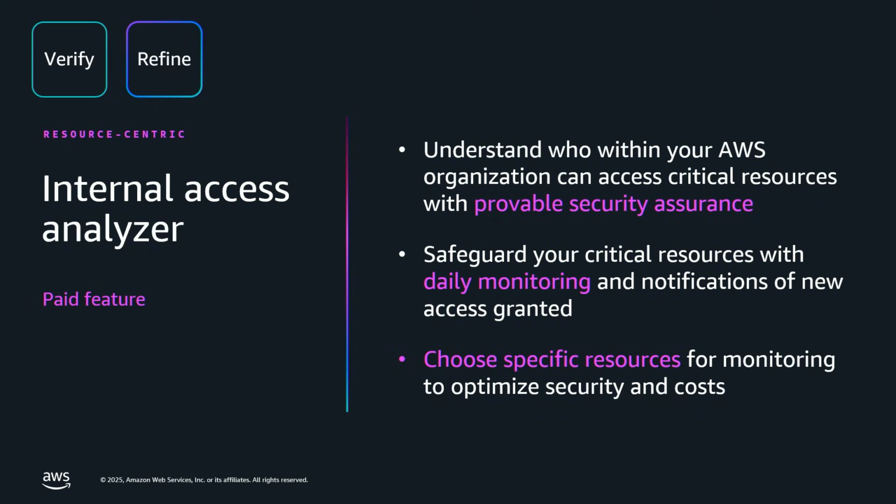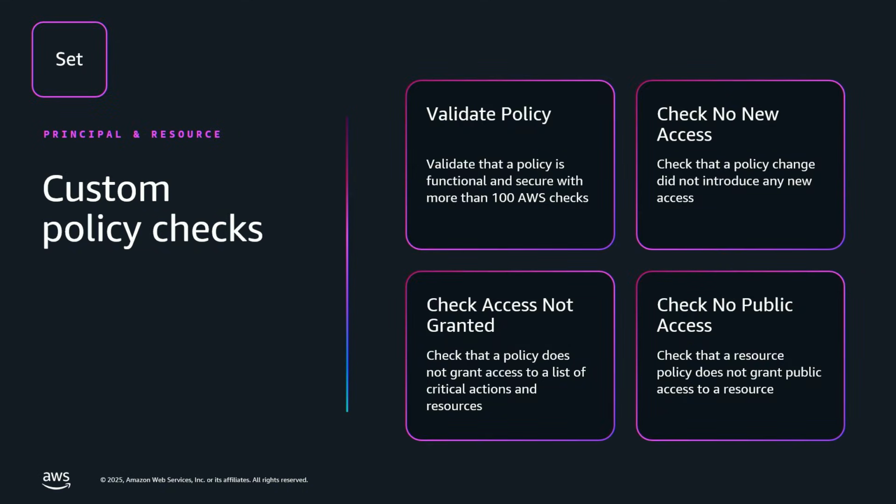And what it will do is it will produce a full report of here is everyone inside your organization that has access to that resource and the nature of their access, meaning what conditions can they access, what are the particular operations they can perform, all of that stuff. Again, only on your most critical resources. This is a very, very computationally expensive thing to do, so it costs money.